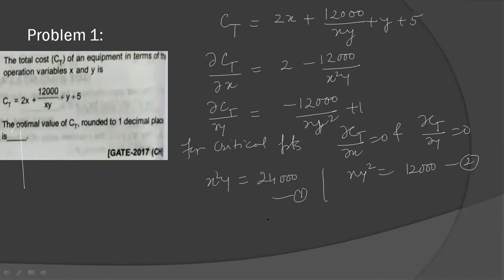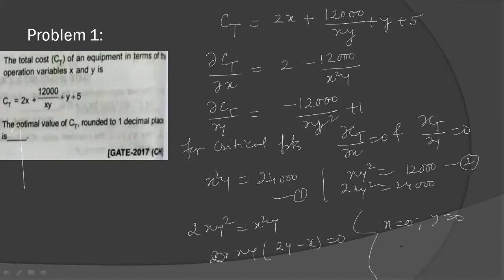If you divide 1 by 2, or you can multiply equation 2 by 2, you will get 2xy square equal to 24,000. Now if you equate these two equations, 2xy square equal to x square y, or if you take xy common, this is 2y minus x equal to 0. So you will get x equal to 0, y equal to 0 and 2y equal to x. This point is not acceptable because x and y are denominators.